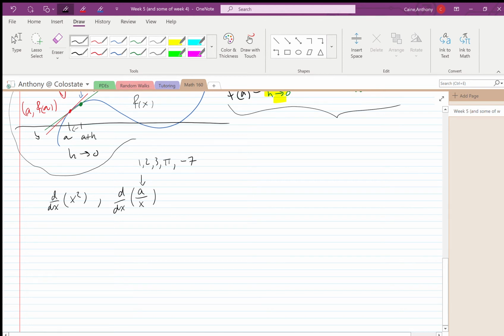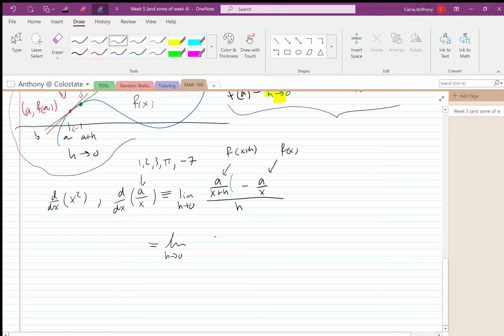x is my variable. Okay, so this is defined to be the limit as h goes to 0 of a over x plus h minus a over x, all over h. This is f of x plus h. This is f of x. All right, and this is equal to, so I need to get a common denominator. I just continue to write limit because I haven't taken the limit yet. I'm just doing algebra. How do I get a common denominator?